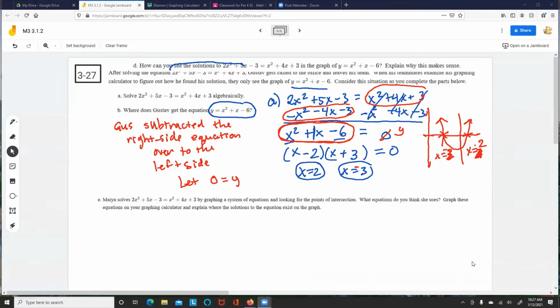I didn't type this in Desmos, and I should have. This is going to be something like a parabola going up, right? And then the right side should also be a parabola. So how many solutions are we going to have?